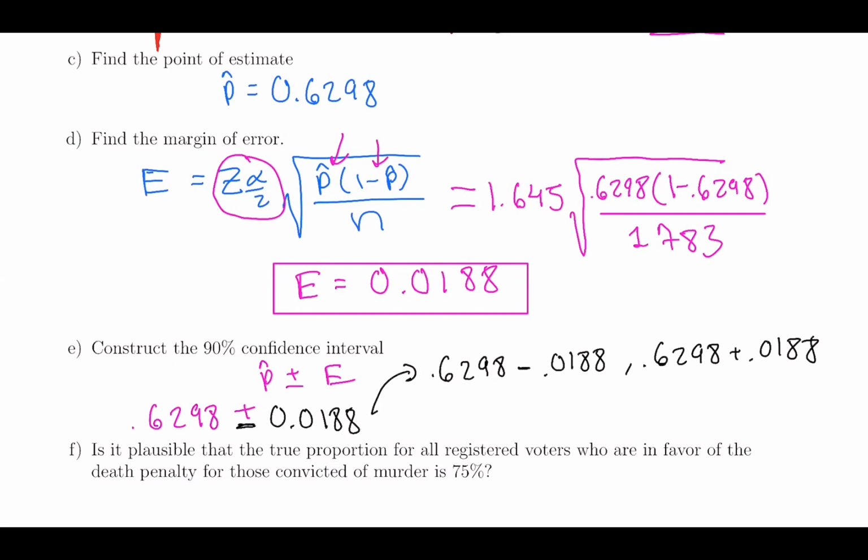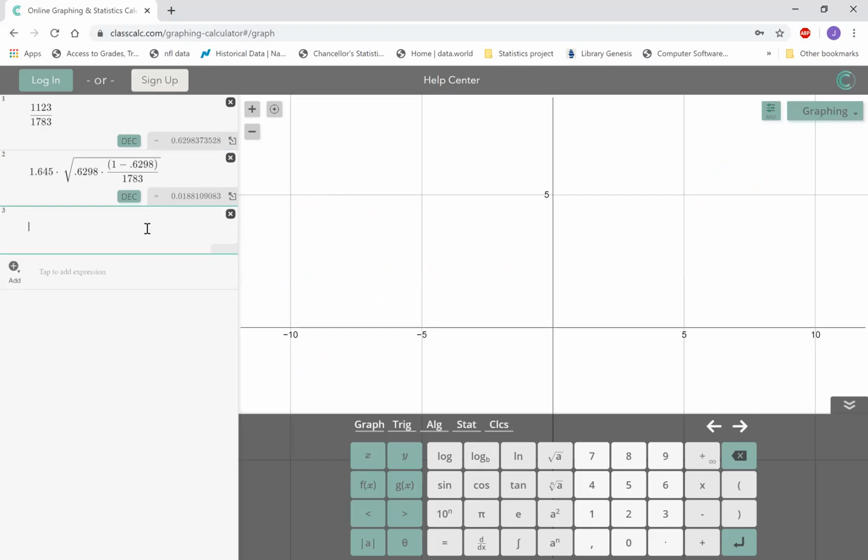So up next, I'm gonna go ahead and go to ClassCalc and you do that calculation. That would be it for E. So we'll say 0.6298 minus 0.0188. So you get 0.611.